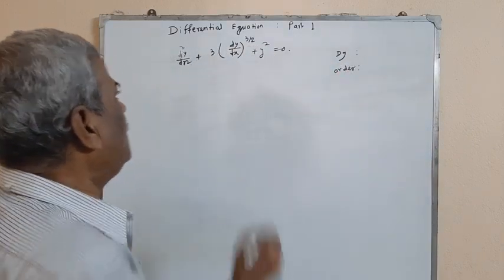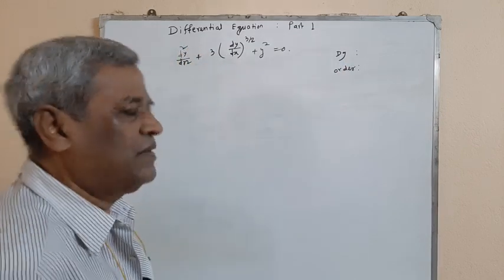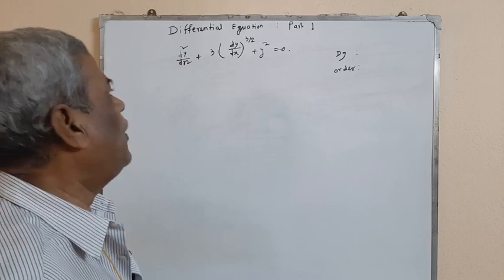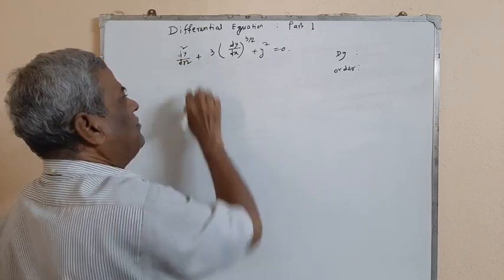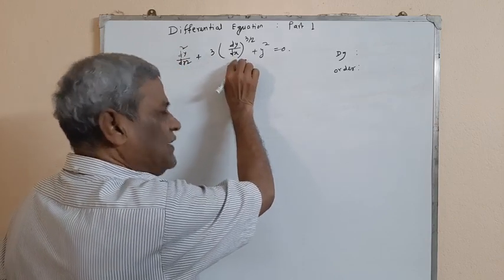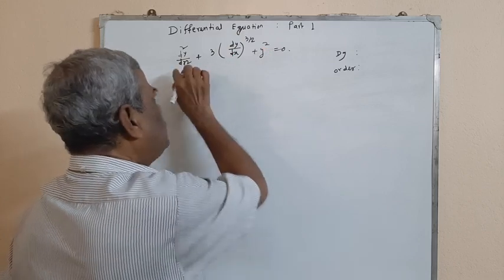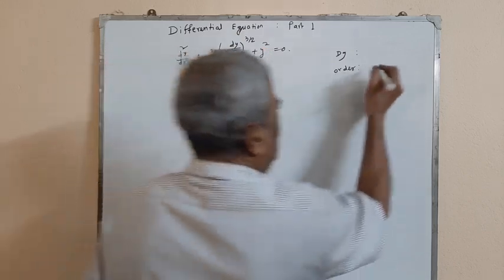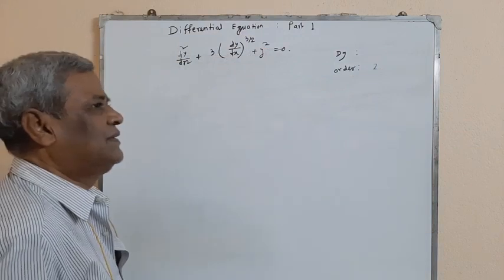As I told you, the highest order derivative present in the equation gives the order. Here it is d2y/dx2, a second order derivative. This is dy/dx, a first order derivative, though its power is 3/2. So the order is simply 2. Then the degree.